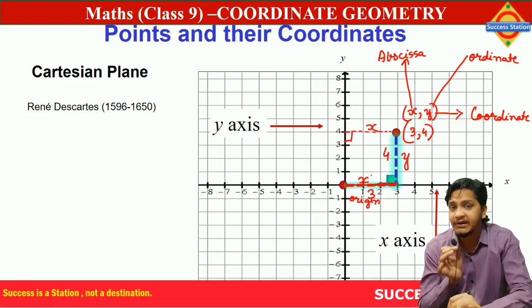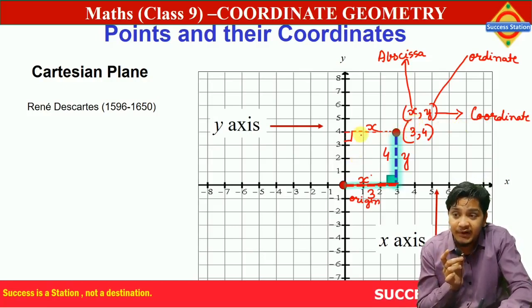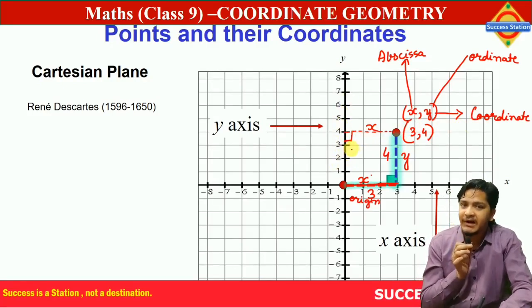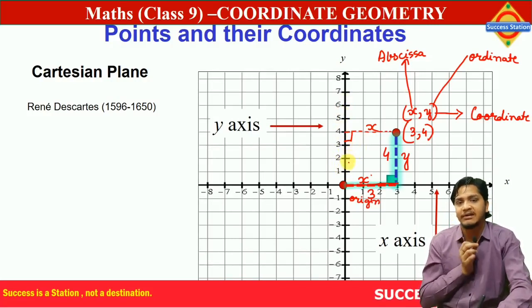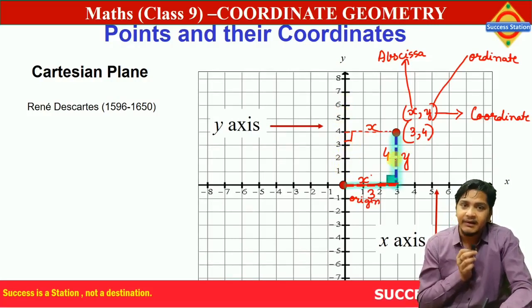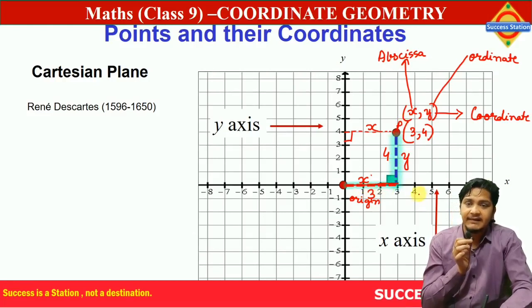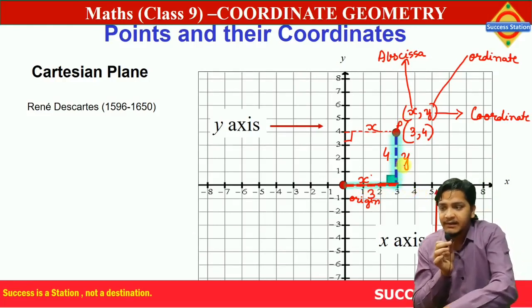X is the horizontal distance of that point. Horizontal distance of this point from the y-axis. But what kind of distance? Perpendicular distance. And this is vertical: the vertical or perpendicular distance of the point P from the x-axis, and this is called y.